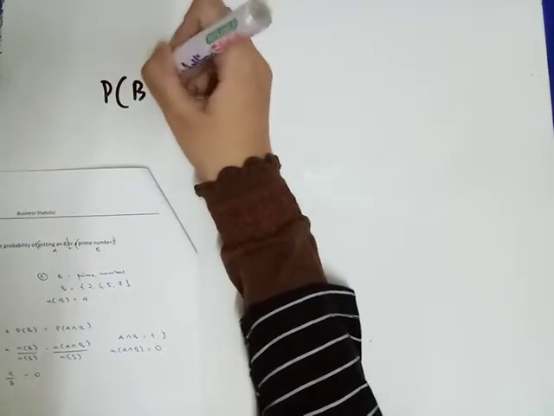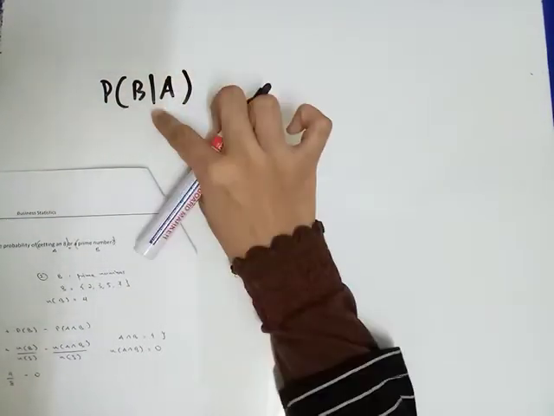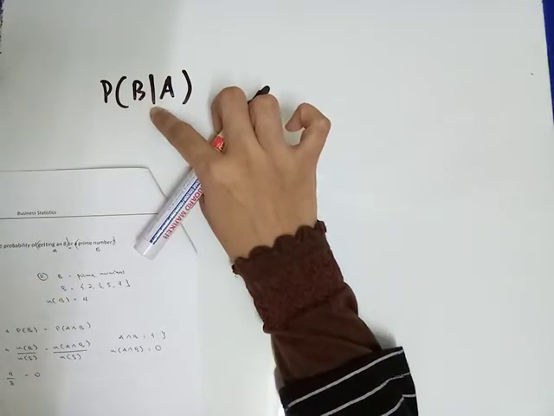That means probability of B given A. Yang stroke ni, yang slash ni kita panggil sebagai given.